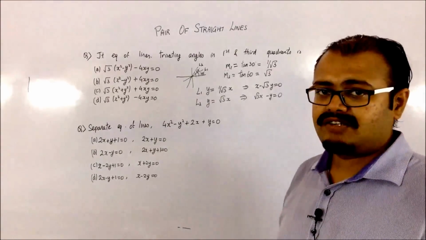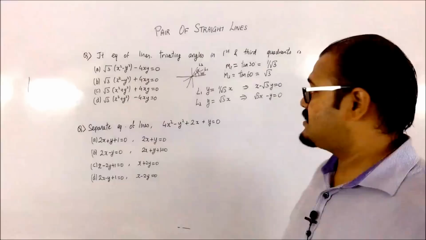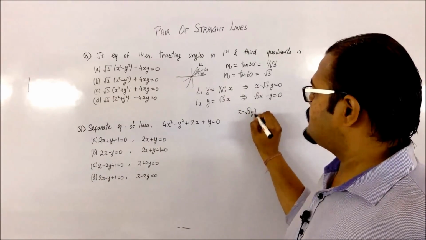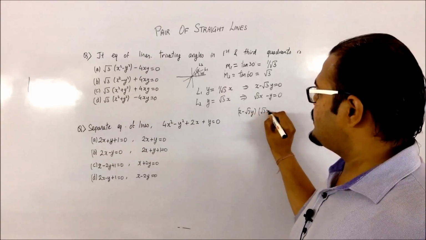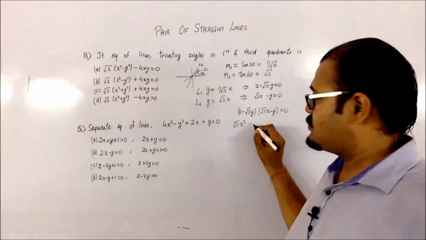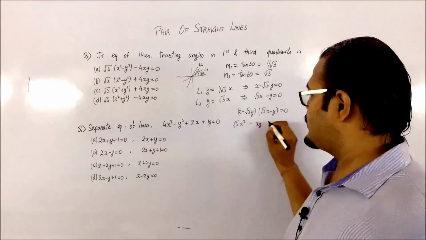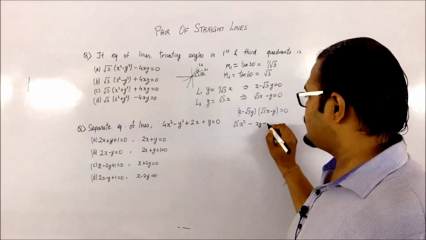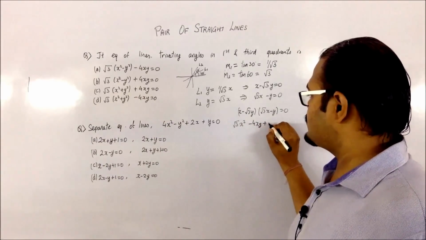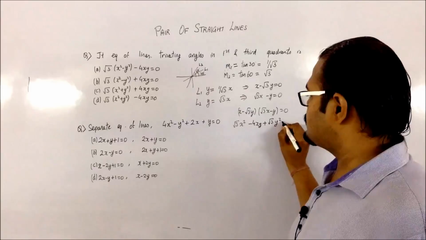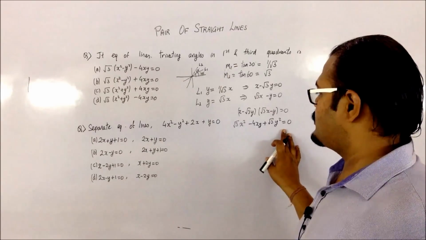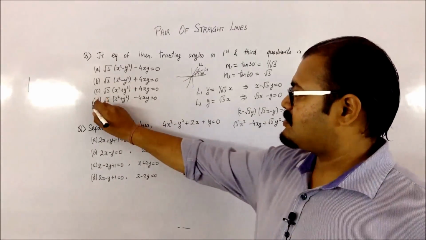To find the joint equation, I simply multiply these two: (x minus root 3y)(root 3x minus y) equals 0. I get root 3x square minus xy minus 3xy, that is minus 4xy, plus root 3y square equals 0. If you look at the options, it will be option D.